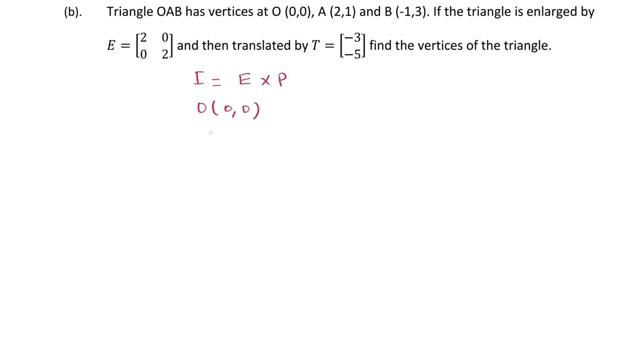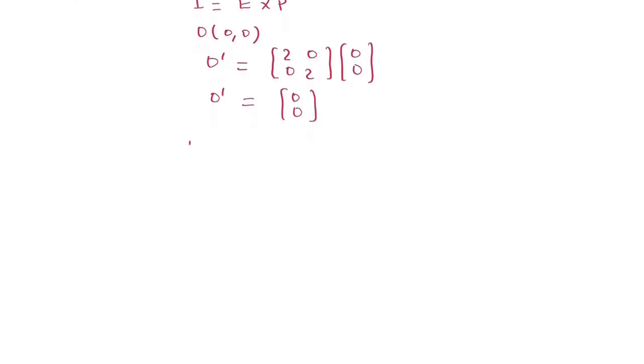Then image O equals to matrix 2, 0, 0, 2 times matrix 0, 0. Of which, applying the multiplication of a matrix, we are going to get image of O equals to matrix 0, 0. Our next point is point A with 2, 1.